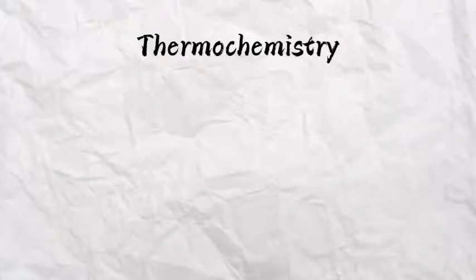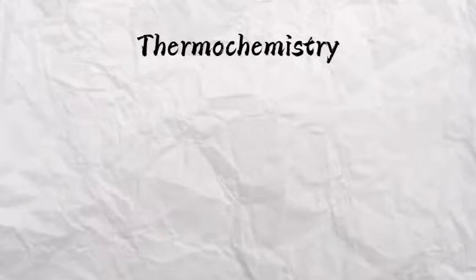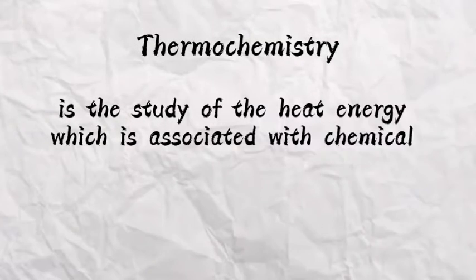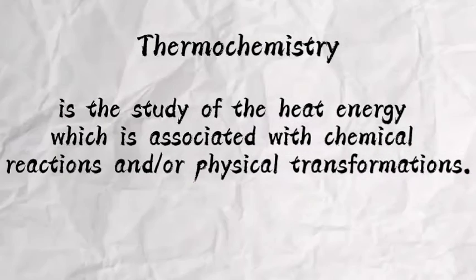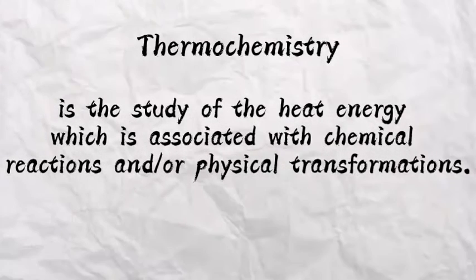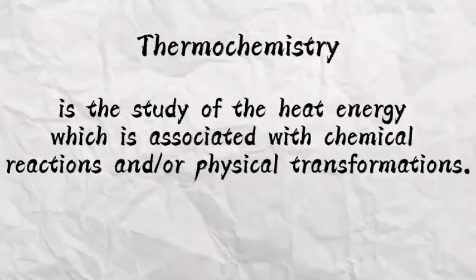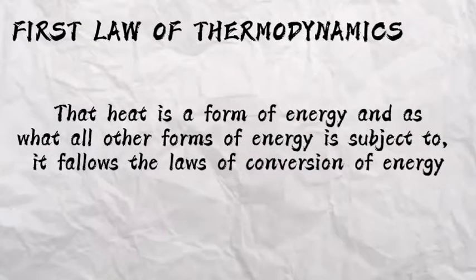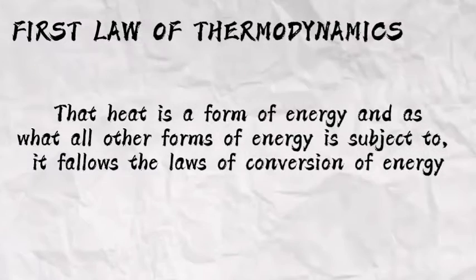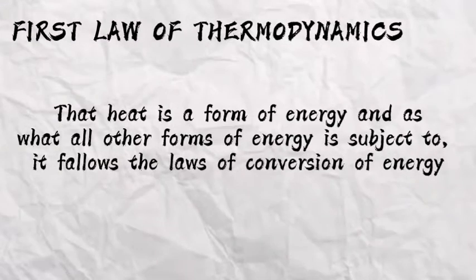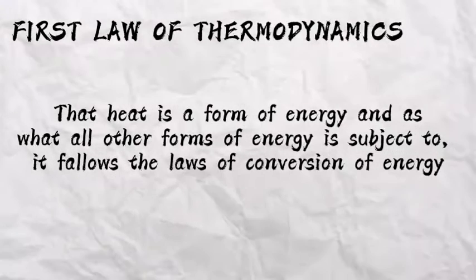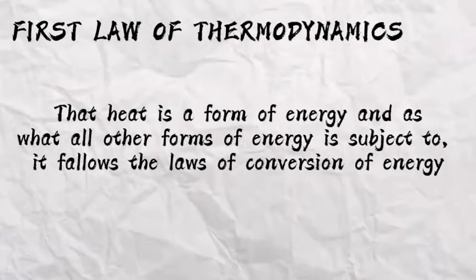Before anything else, let's define what is thermochemistry. Thermochemistry is the study of the heat energy which is associated with chemical reactions and or physical transformations. Thermodynamics is a part of thermochemistry, where the first law of thermodynamics says that heat is a form of energy, and like all other forms of energy, it follows the law of conservation of energy.